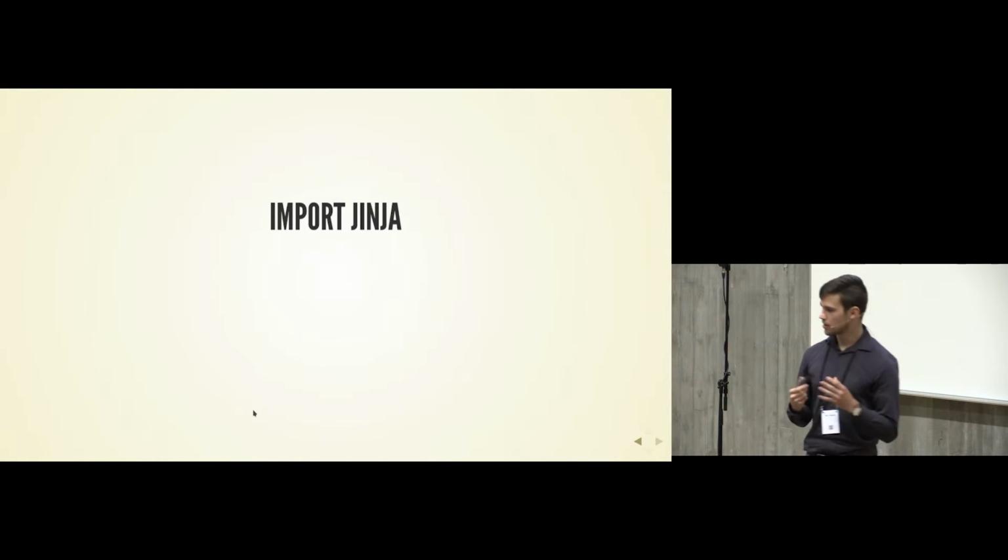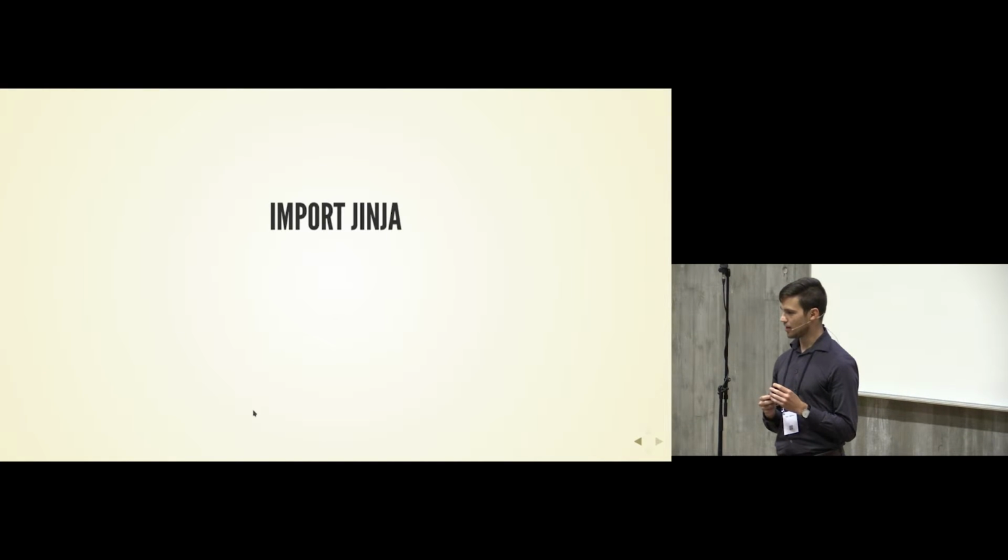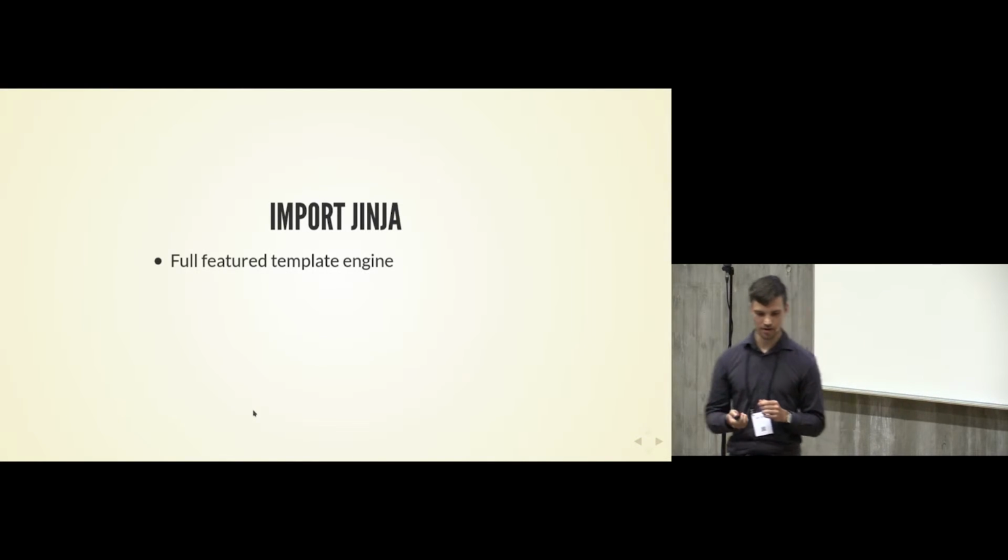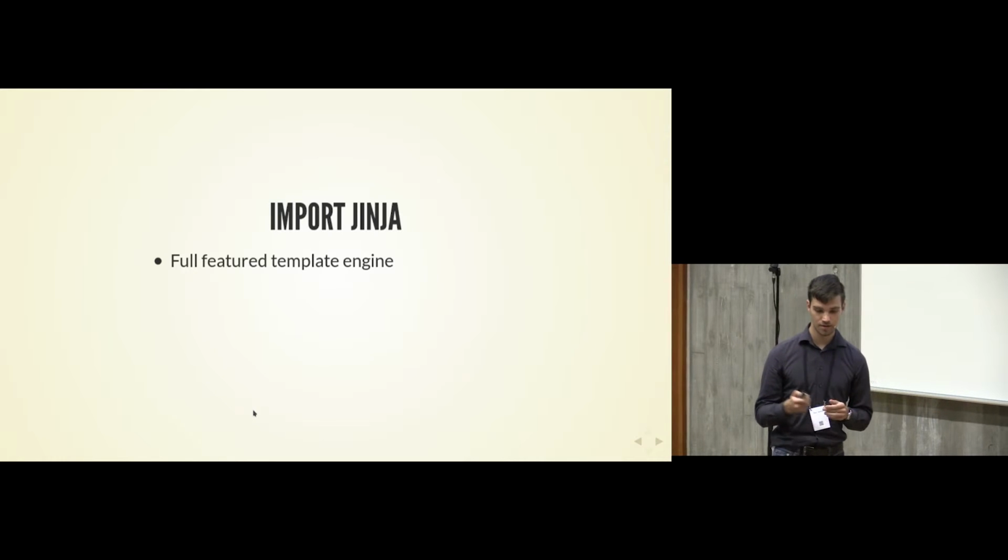However, to create this CMake file, I need some module that will simply allow me to generate the file based on some template. And for this, I use Jinja. Do you know Jinja? Okay, so some of you know. That's good. It's a templating engine.